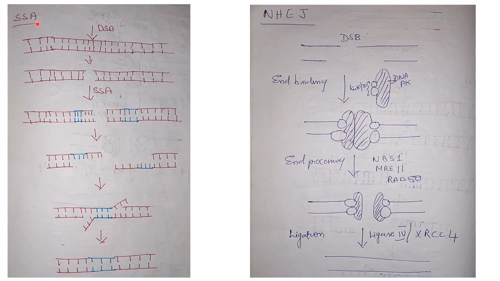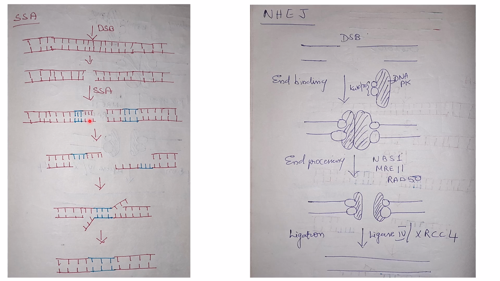SSA is another mechanism for repairing double-stranded breaks in DNA, and here also it will utilize homologous sequences flanking the break for repair. That is, it is not using a homologous chromosome. Here it is using homologous sequences on the same DNA molecule flanking the break.